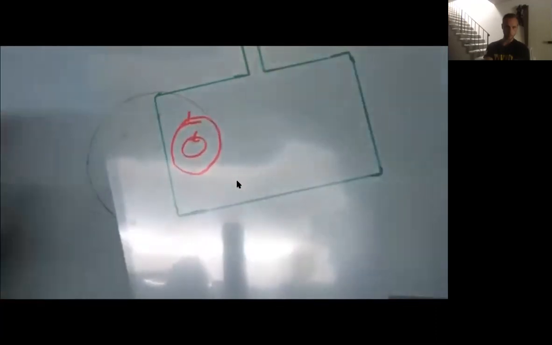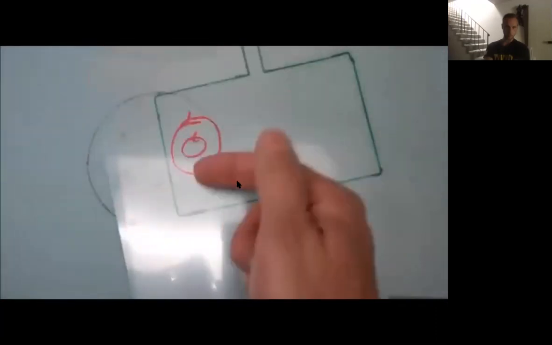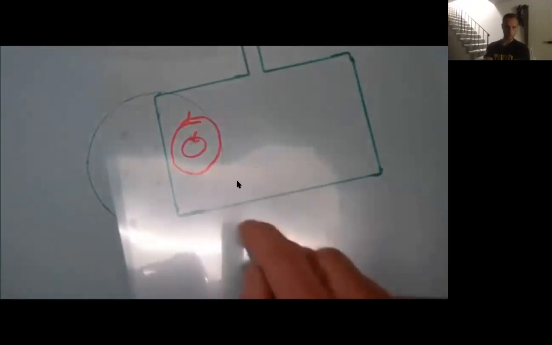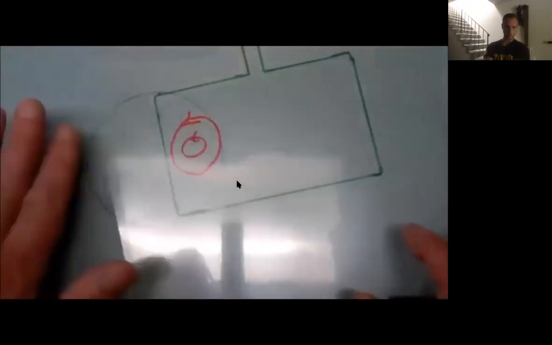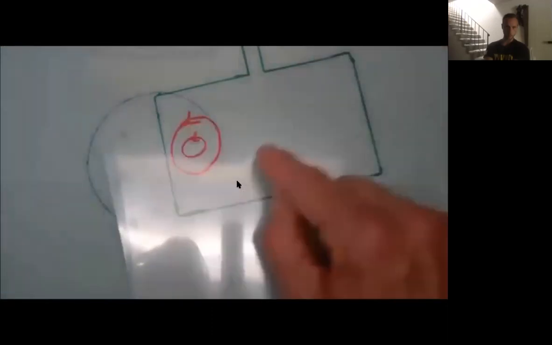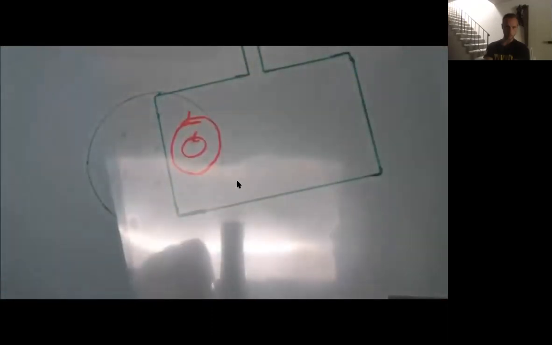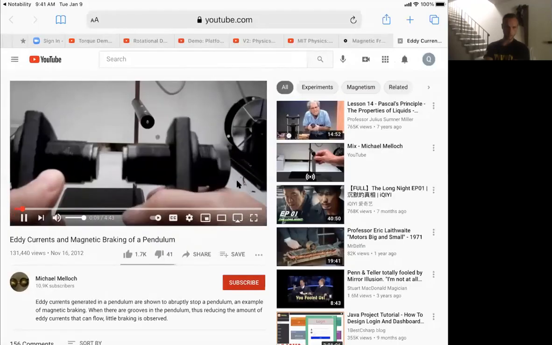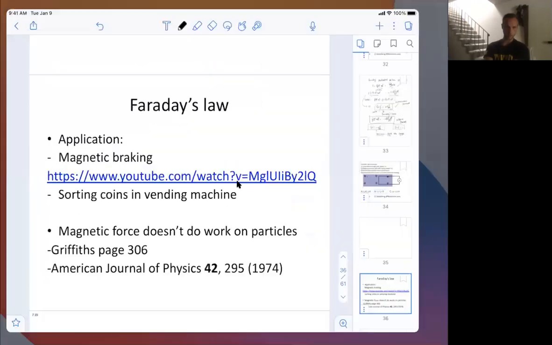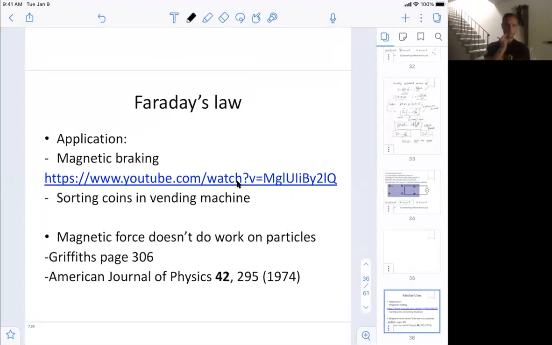That's going to generate a magnetic field that's coming out of the page and opposing the increasing field into the page due to the aluminum sliding into the field. So we have just watched a demo of the application of Faraday's law, which is used for magnetic braking.